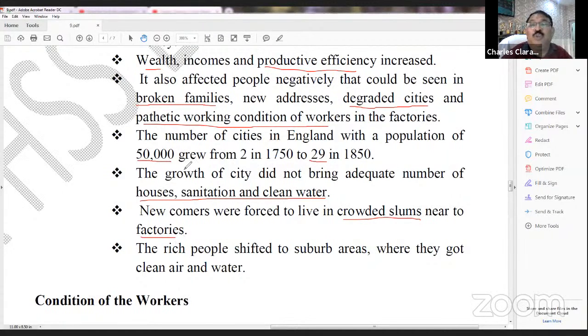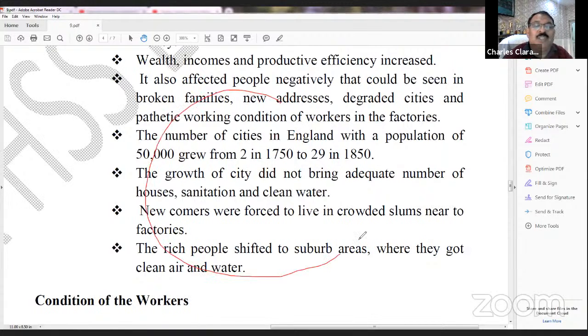Now I'll explain one thing. The rich people shifted to suburb areas. Suburb areas means outside. That's where they got clean air and water. Now let me talk about this being the city. If this was your city, these were the factories.